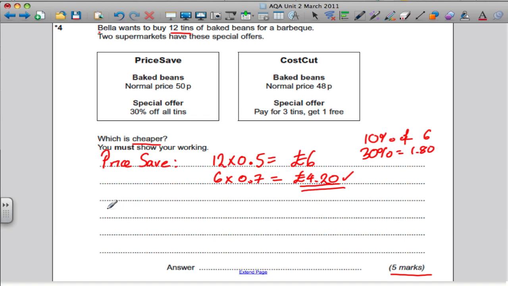Okay, let's do Cost Cut. They say that normally the tins are 48p, but you pay for 3 and you get 1 free. So if you pick up 4 in your basket, you only have to pay for 3 of them.